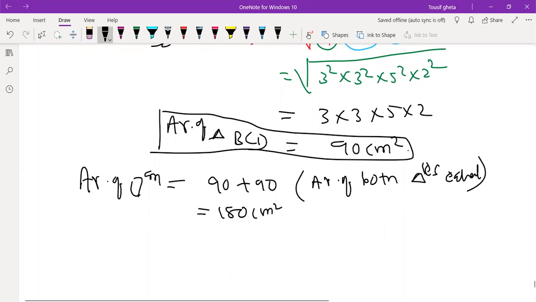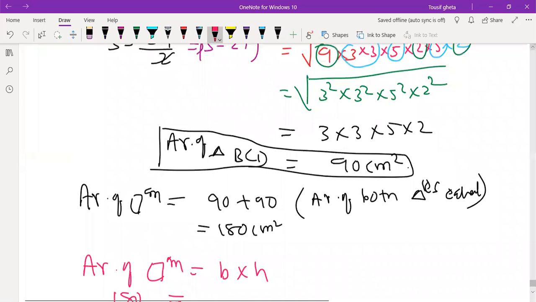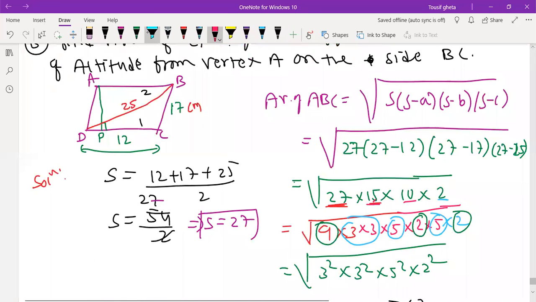Now I want to find out the height. Altitude is nothing but height. Area of a parallelogram is equal to base into height. Area is 180, that is for sure. Let us see what base you will take for the height. You will take CD as the base. CD is nothing but 12, and AP is the height.